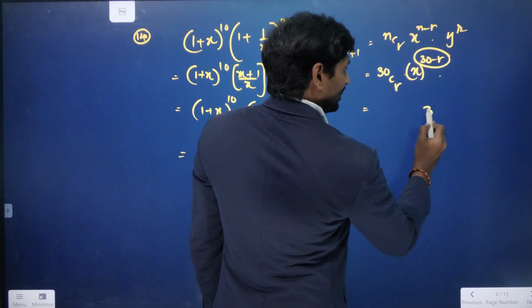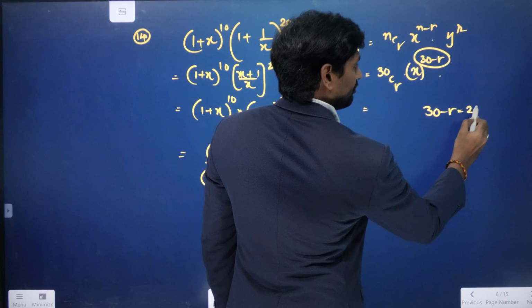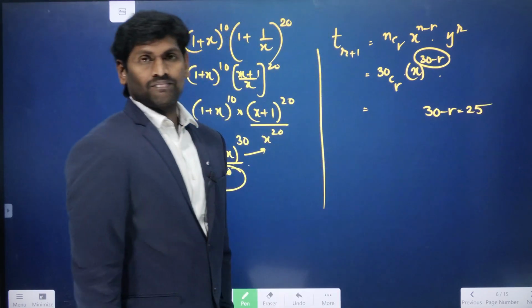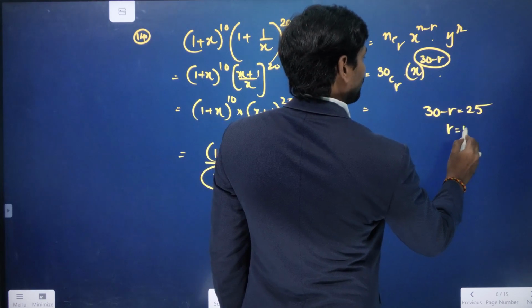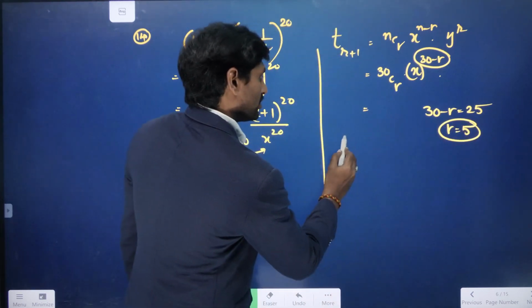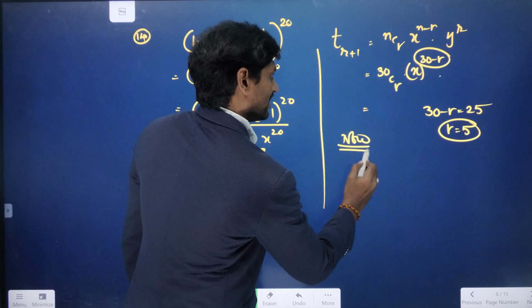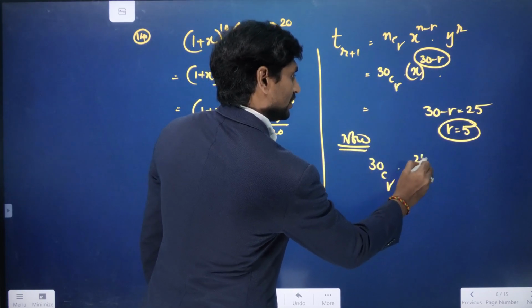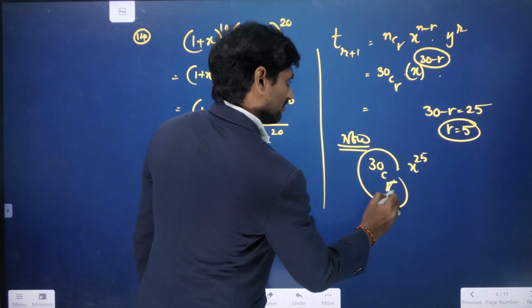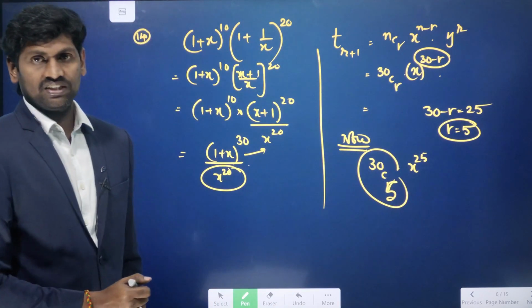So that is why 30 minus r should become 25. Then r value is 5, and the required answer is 30C5 x power 25. So we want only 30C5, it is the coefficient. Okay?